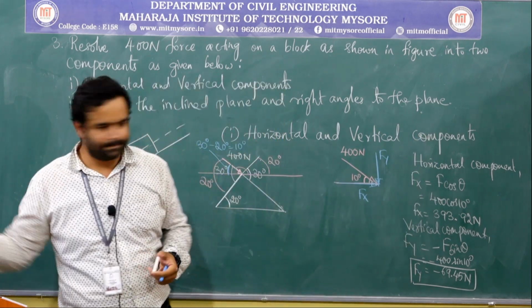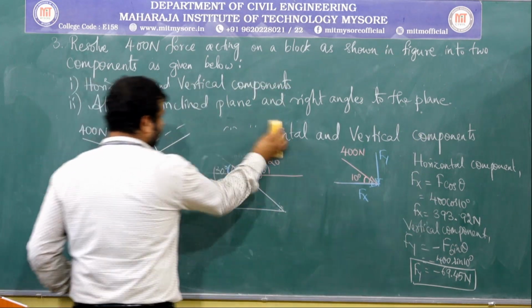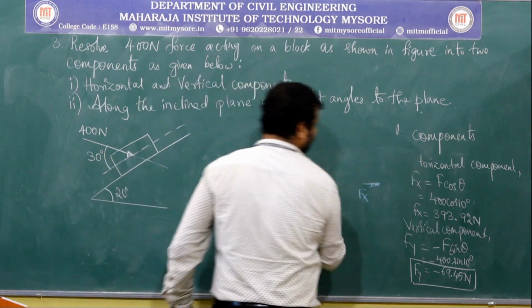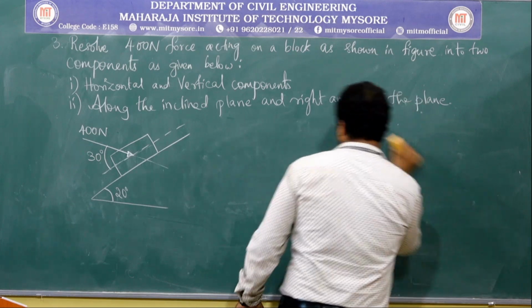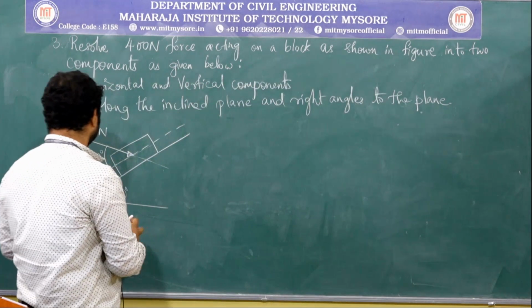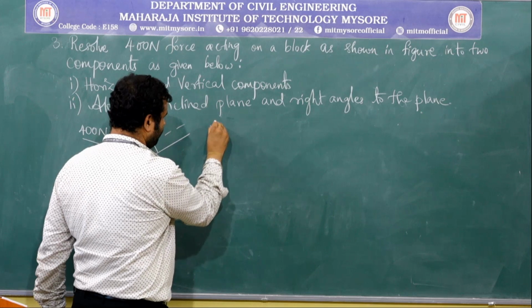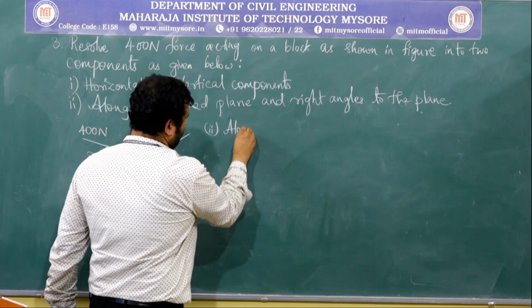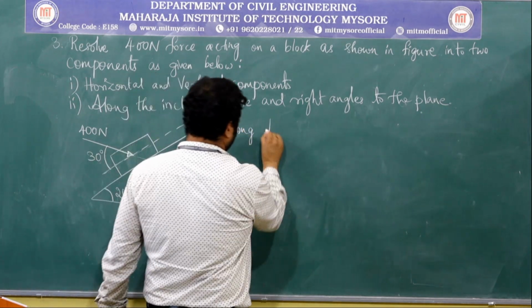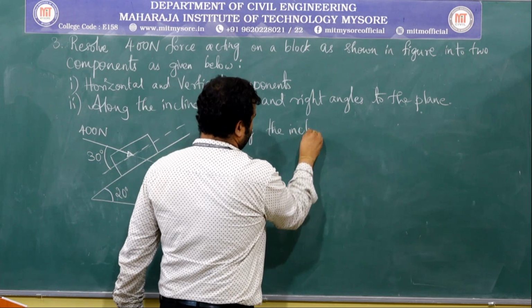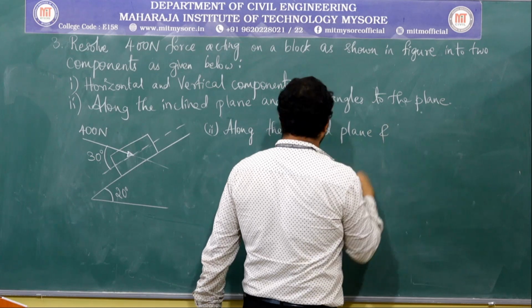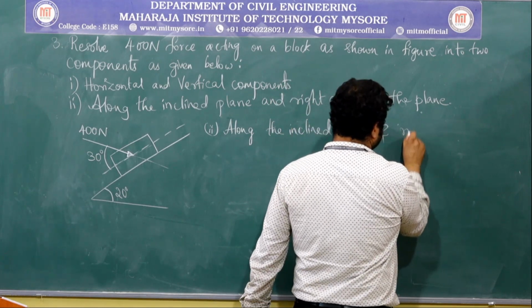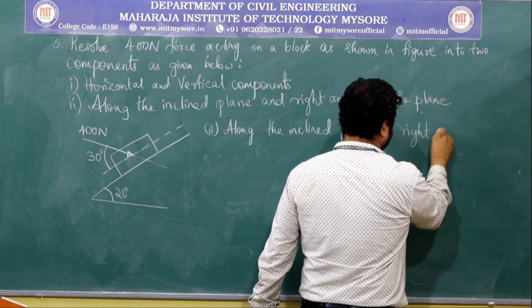Okay. Now, second one, along the inclined plane and right angles to the plane means perpendicular.